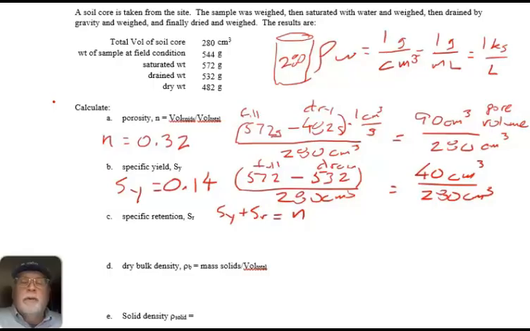So I could have also gotten the specific retention by taking the 532 minus the 482 divided by 280.